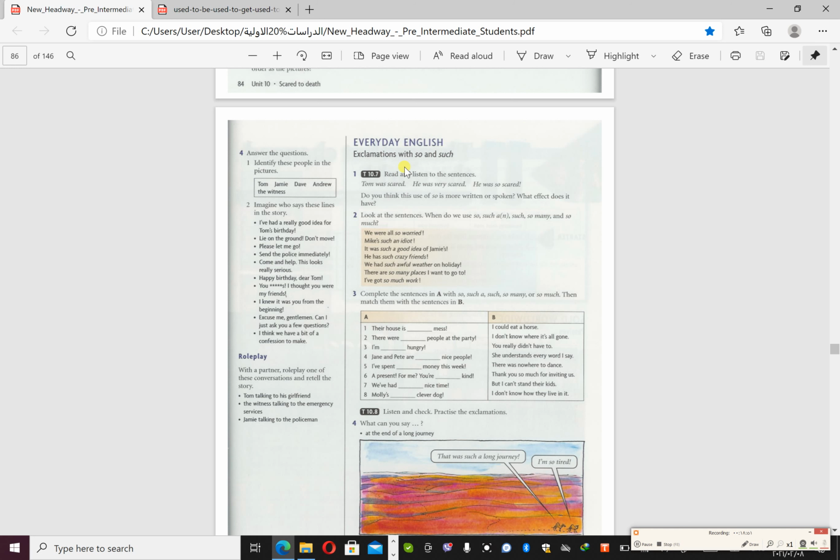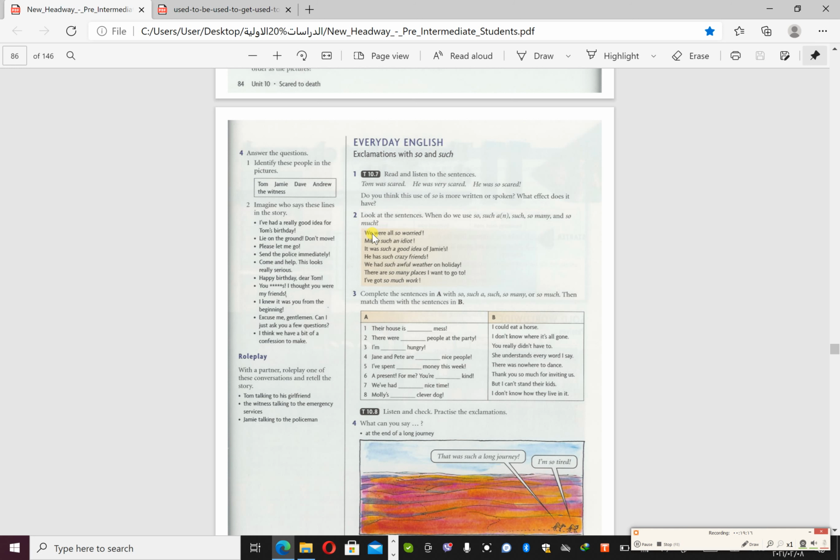فهنا so تعبر عن very، لكن such is just to show a kind of similarity. Okay, for example, if I say Mike's such an idiot، فالـ such هنا تعطينا معنى is close to the meaning.